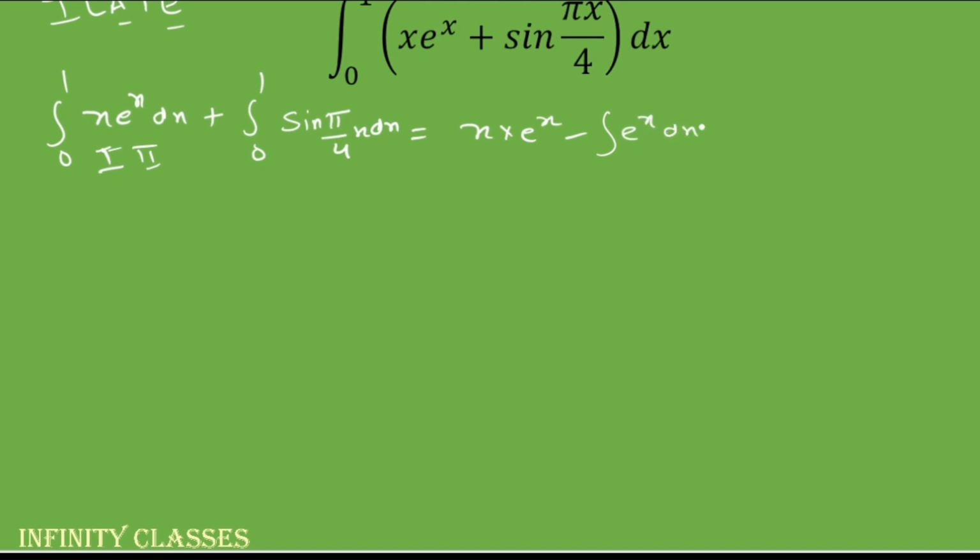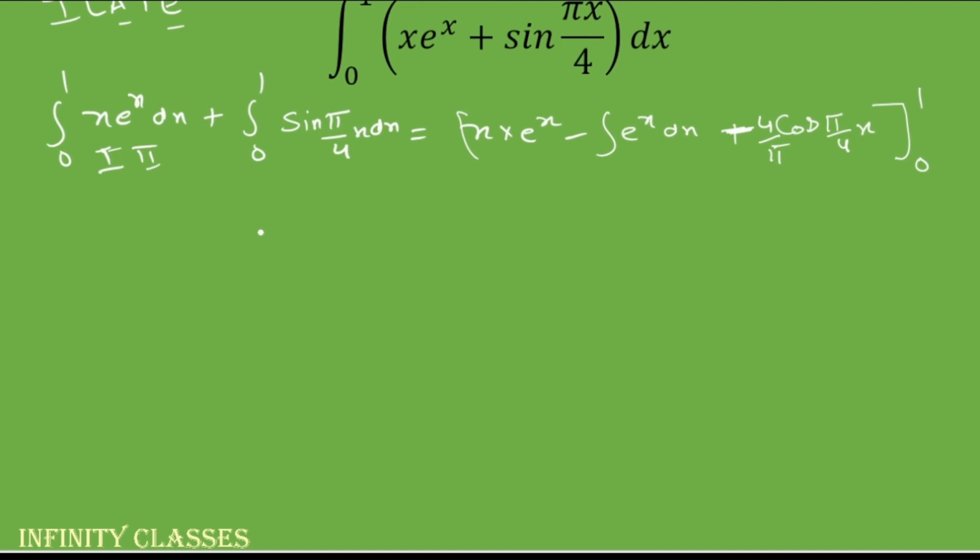dx plus integration of sine is cos pi by 4 x divided by coefficient of x, so 4 upon pi, and the limit will be 0 to 1.